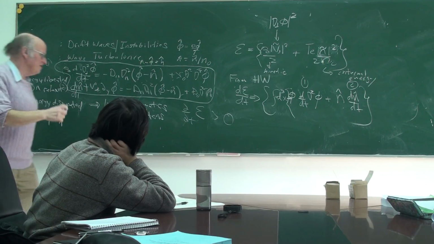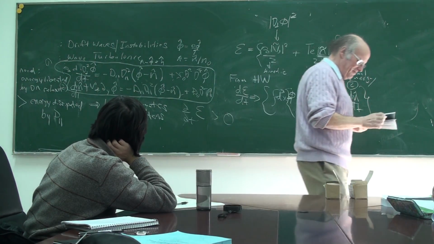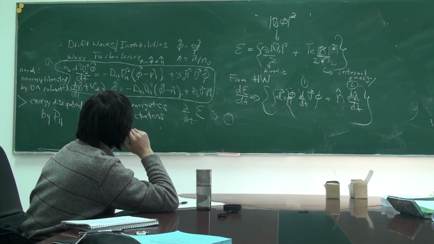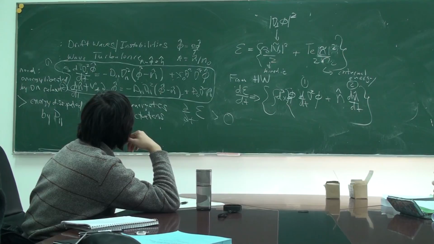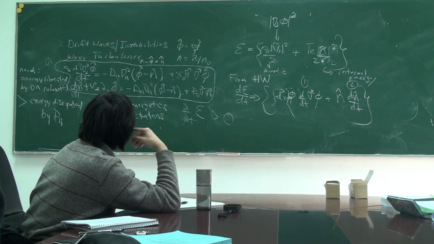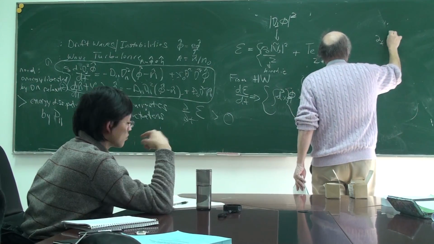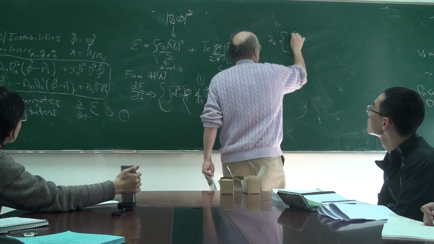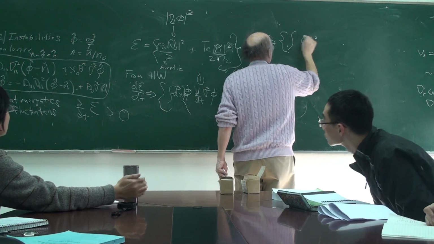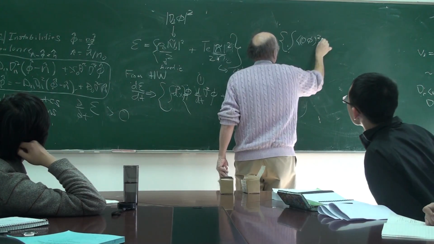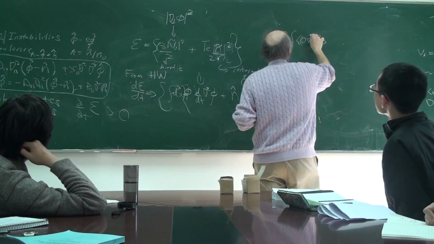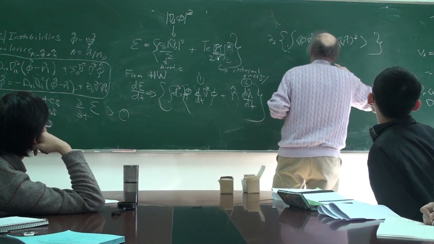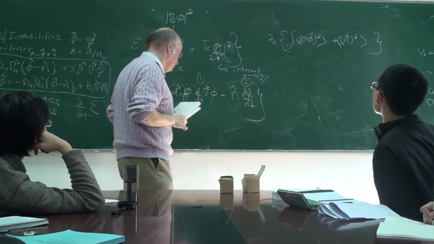Then we do all this arithmetic, and we find that d by dt of the integral of grad phi squared plus n tilde squared is the time rate of change of the total fluctuation energy.